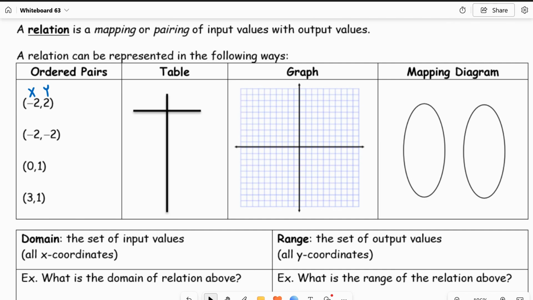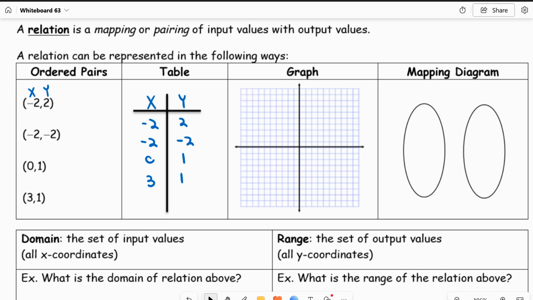We could also represent a relation in a table. So we could have a table of x and y values, and listing our ordered pairs there, we would have -2, 2, -2, -2, 0, 1, and 3, 1.